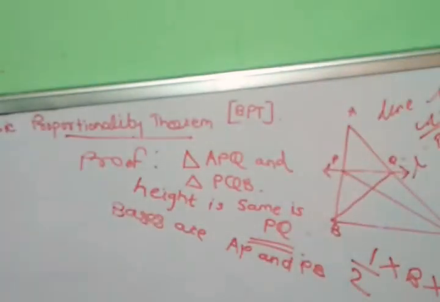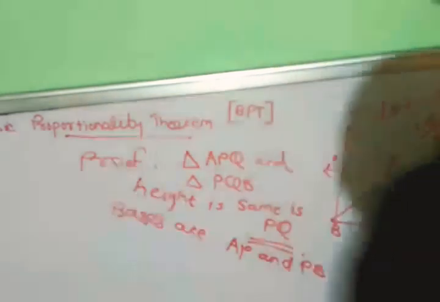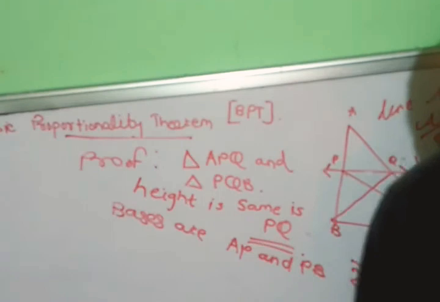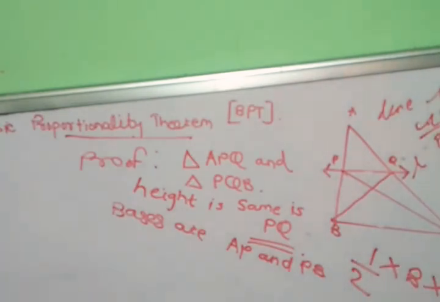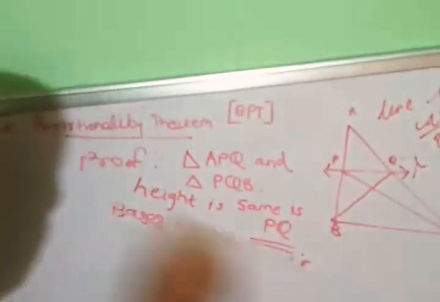So friends, this is the first step of the proof. We know the bases and the heights of both triangles for the ratio of their areas. So the height of both triangles APQ and PQB is PQ, and the bases are AP and PB. So this is the first step of our proof.